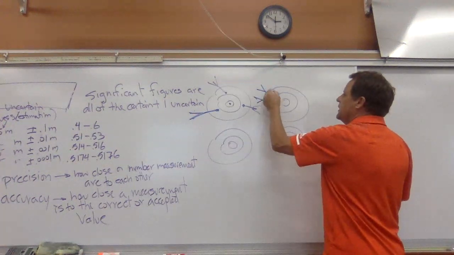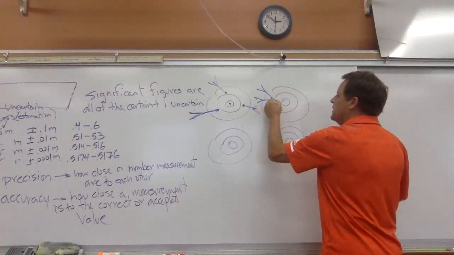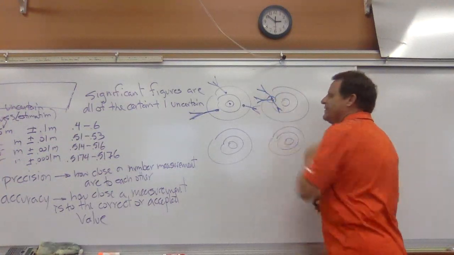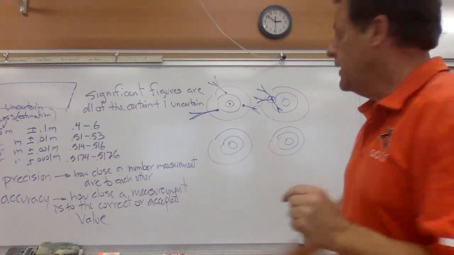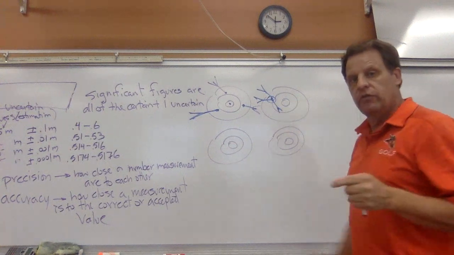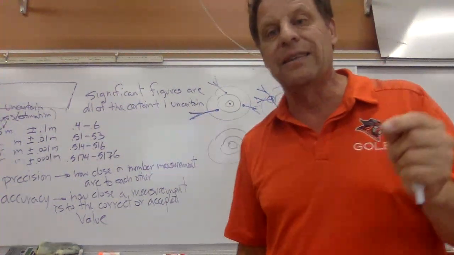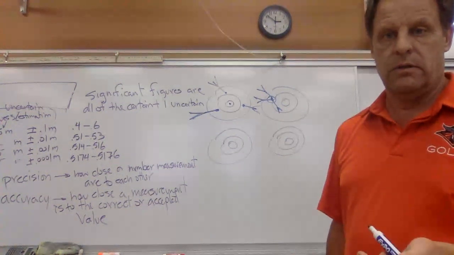Now, if we had another set and we had, let's say, this dart that hit here and this dart that hit here, and then another dart that hit here, okay? Now we can see that all of those darts are really close to each other, and we're aiming for the bullseye. So since we did not hit the bullseye, we would be inaccurate.